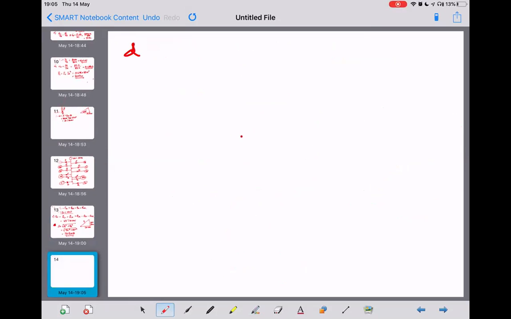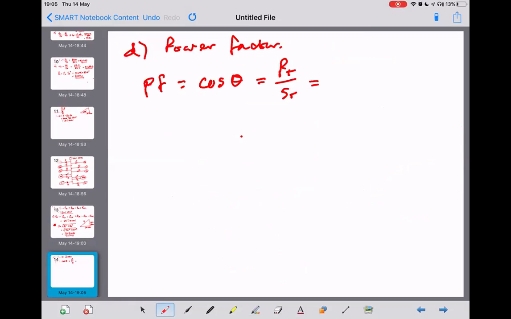Power factor is cos theta, which is equal to P over S. So I've just done 75.1 over 99.8, and that has given me 0.75 as my power factor.